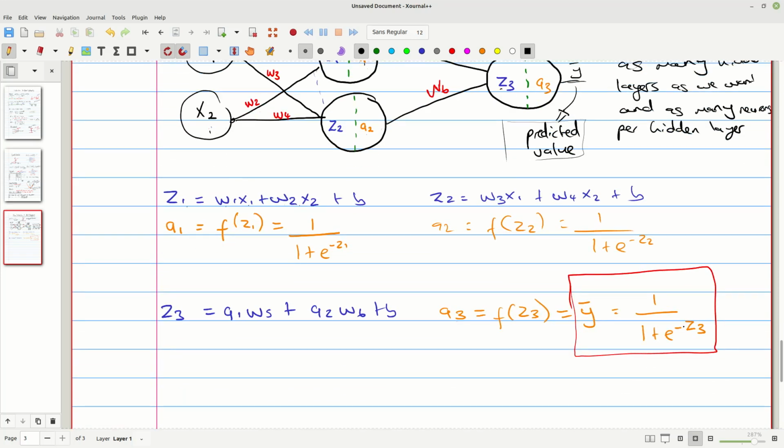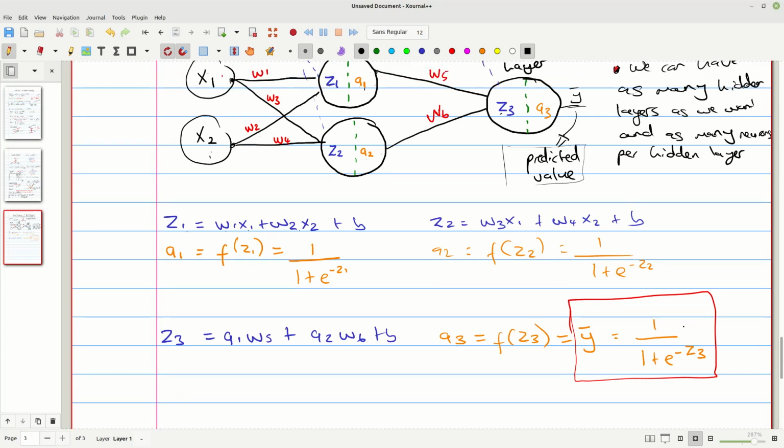We call this whole series of steps in this direction our forward pass.